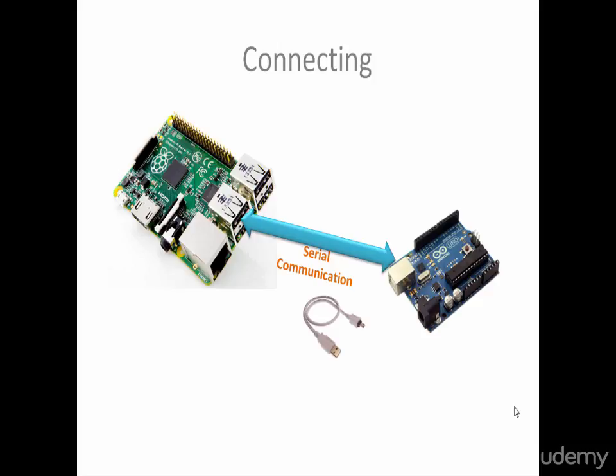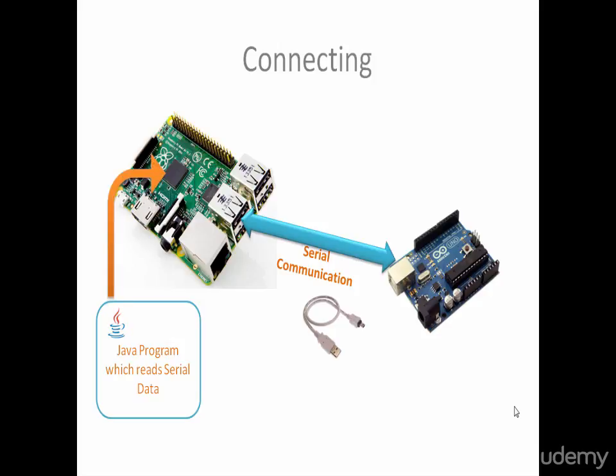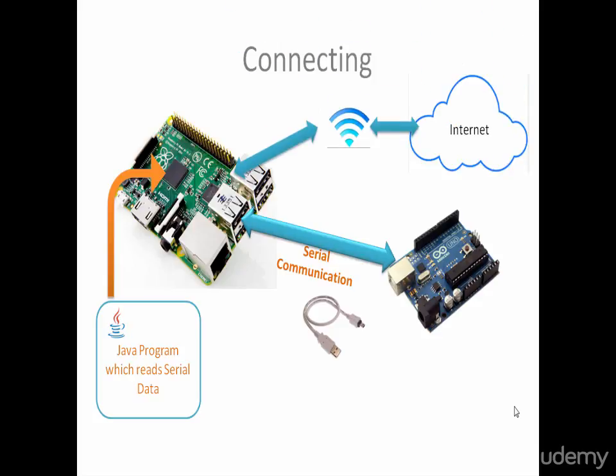The steps are very simple. Now this is quite interesting to know, because we will actually be running a Java program, and that Java program will be reading the serial data. Java is utilized everywhere and we are also going to take advantage of Java. Thank you, Sun Microsystems.